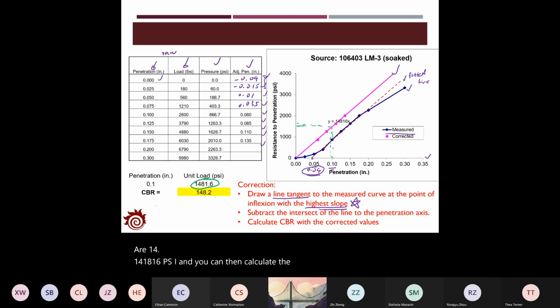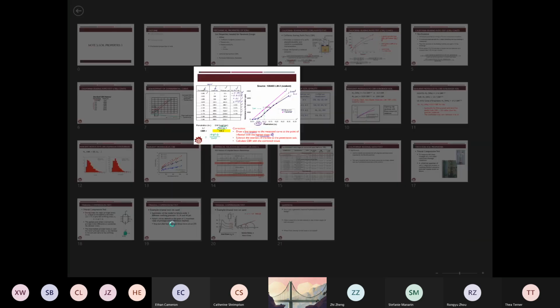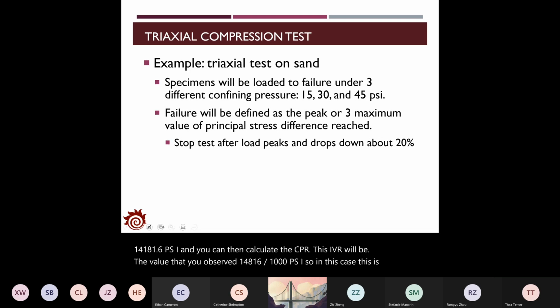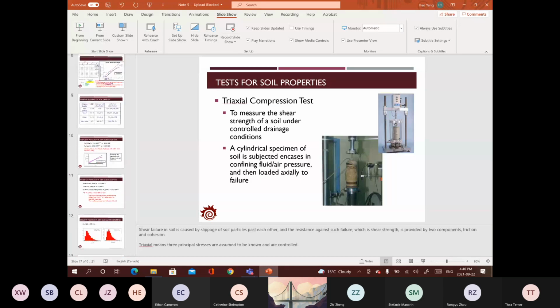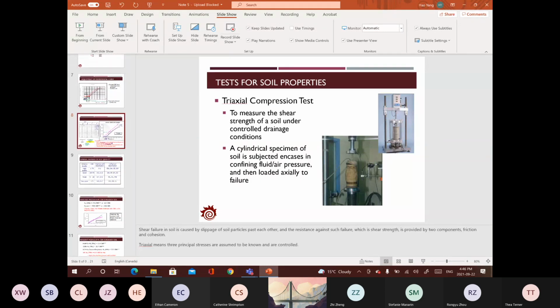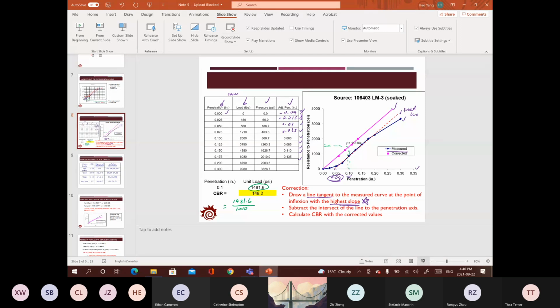The CBR will be the value that you observed, 1481.6 divided by 1000 psi. So in this case, this is actually in a real case.